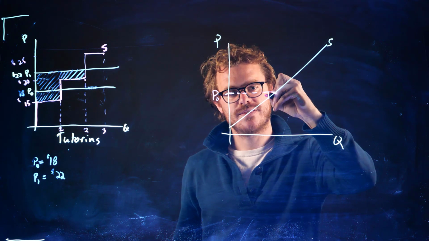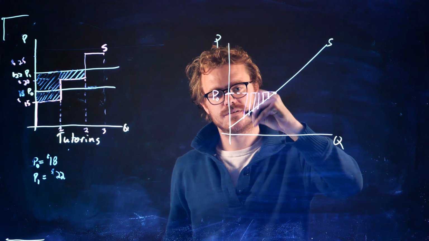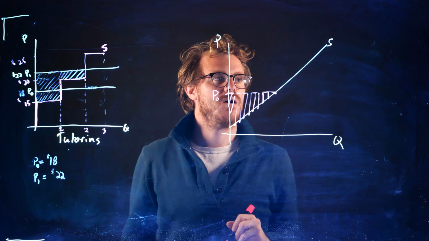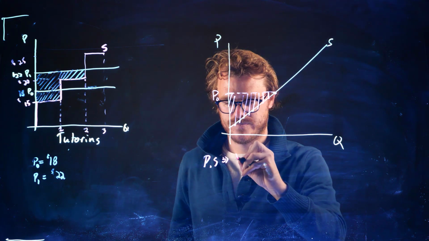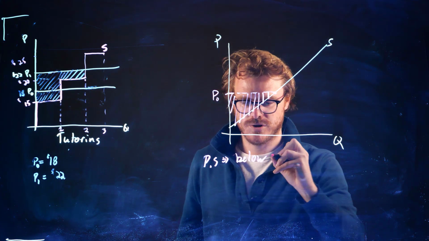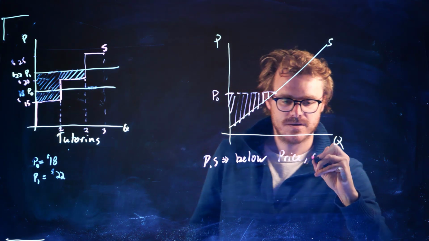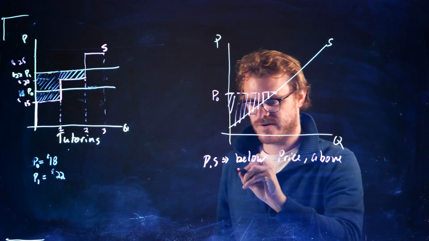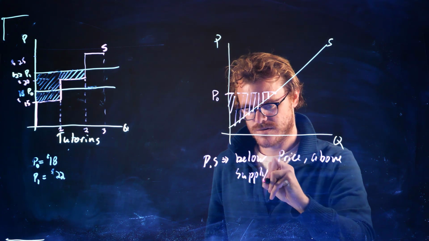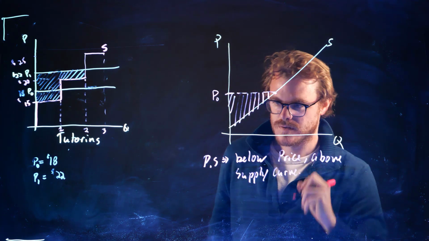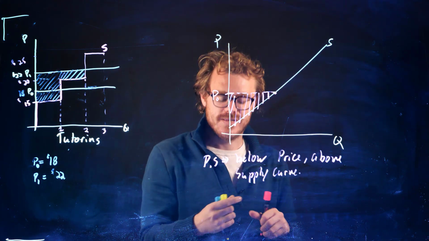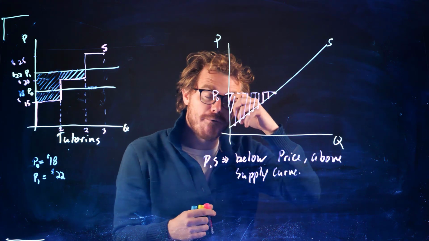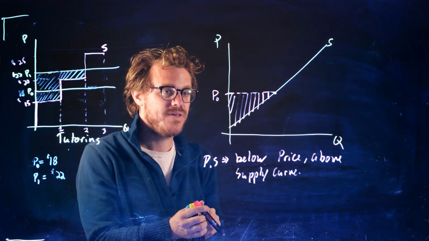Producer surplus is everything below the price, above the supply curve. But again, only on the number of units we actually sell. And that's going to be really important when we think about government intervention and things like that.